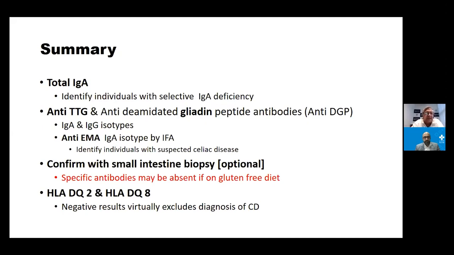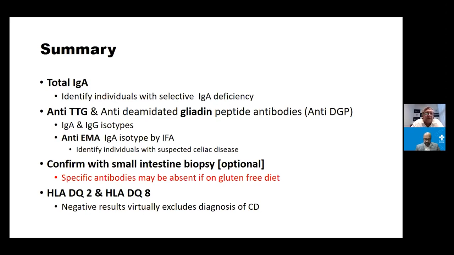We must note that specific antibodies may be absent if the person is on a gluten-free diet. So we must make sure that the person, when tested, is on a regular diet rather than a gluten-free diet.